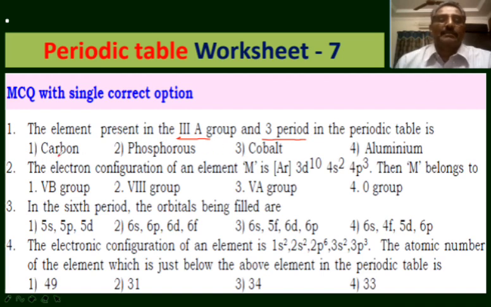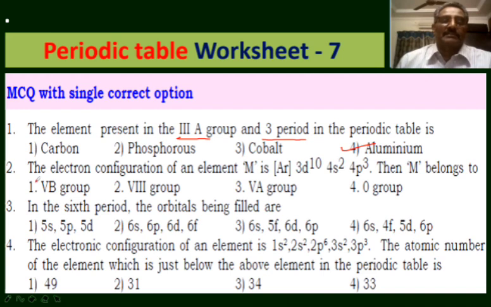You know that carbon belongs to second period, phosphorus belongs to third period, but phosphorus is an element in fifth group, cobalt is a transition metal, and aluminium is the element which belongs to 13th group or third group and in third period. So aluminium is the right option here.